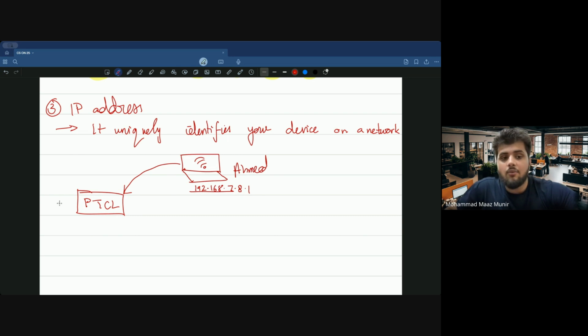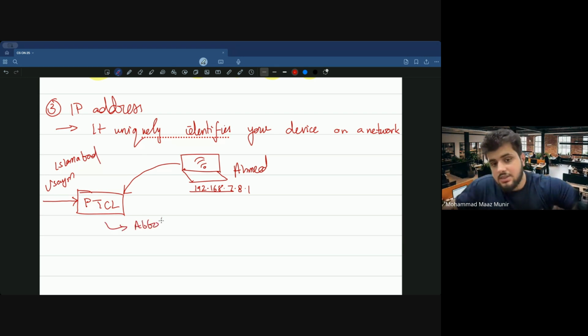Because let's say Osaim basically sends some data and he's living in Islamabad, okay, and this router is in Aptabad. Now, how do I get the data? Basically, it travels through these wires, right? Like very fast wires. Now, the data goes from Osaim's Islamabad house to Aptabad through the wires, and then it comes to PTCL.